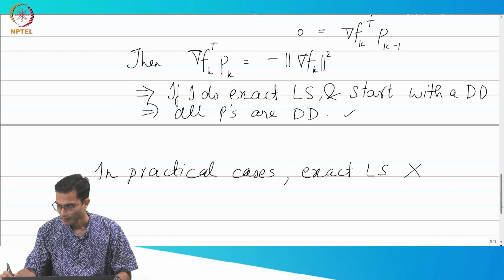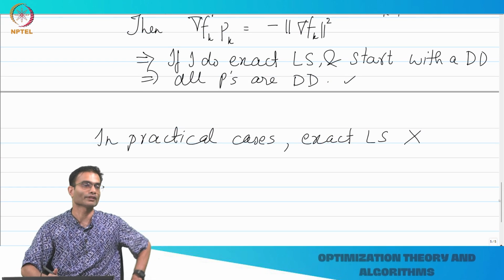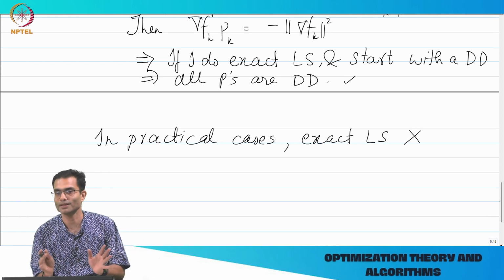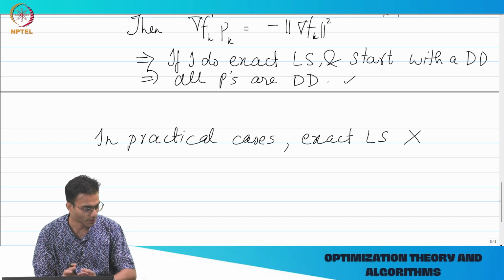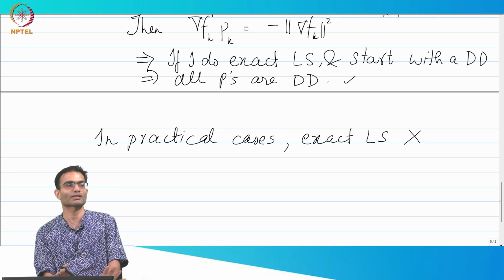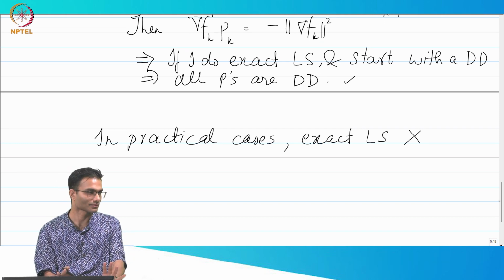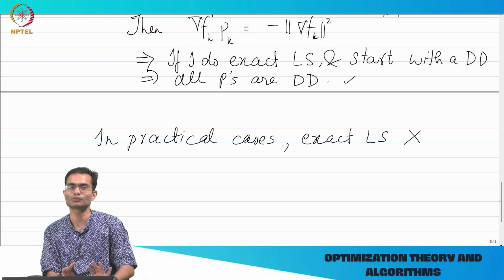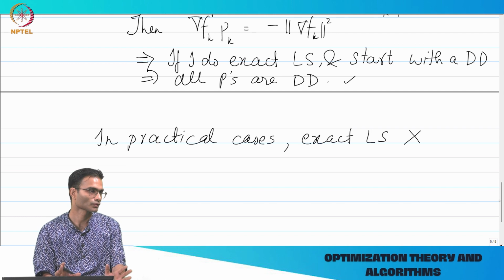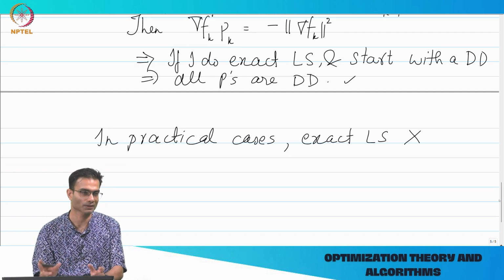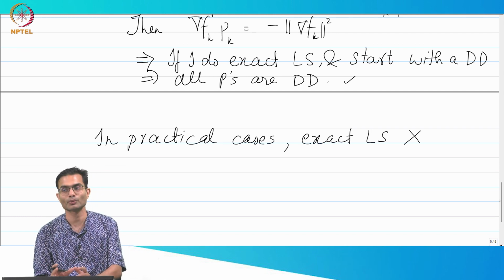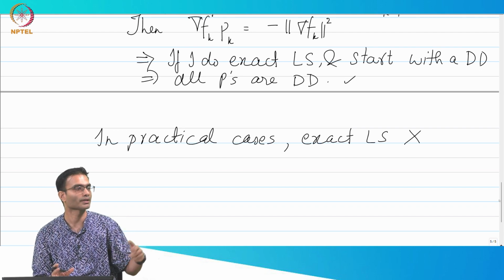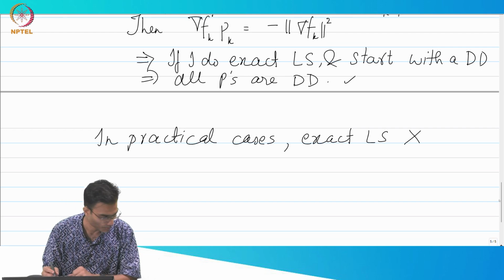Now, thankfully for us, there is a lot of analysis that has been done on this problem. I'm just going to state the theorem statement that helps us, and as you can probably guess, it has something to do with the Wolfe conditions. If you do the Wolfe conditions in a certain way, even though you don't do exact line search, you continue to have a legitimate descent direction. So I'll state it here without proof.